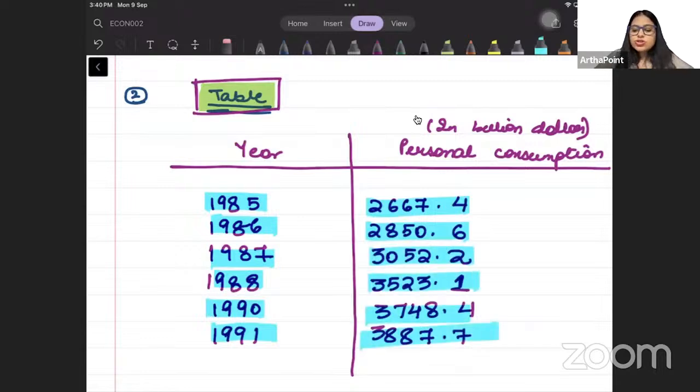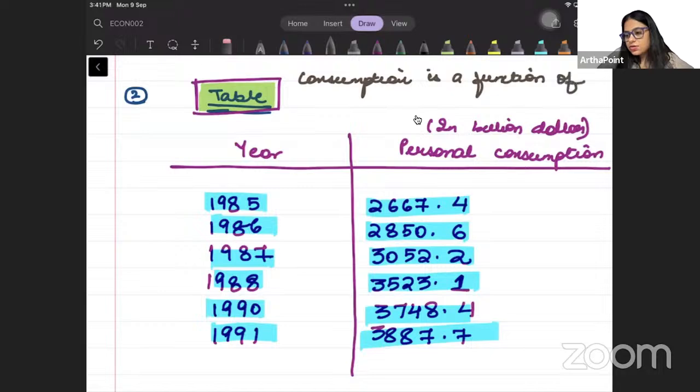So consumption is a function of year. और कैसे दिखा रहे हैं हम? How are we showing this? We are showing this through one table.